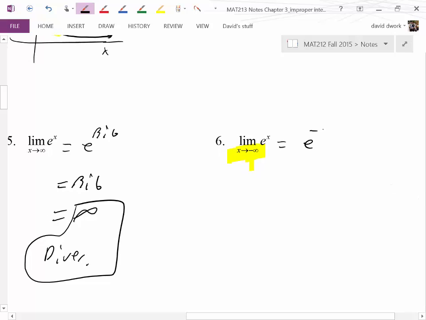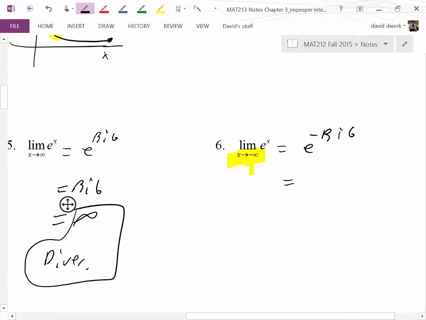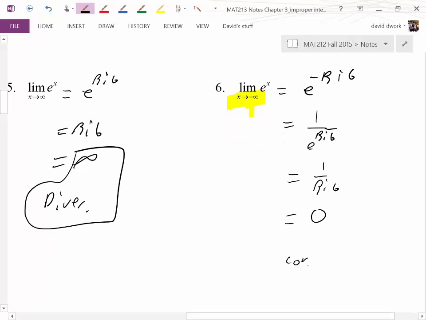That's e to the negative really, really big. So it's important to pay attention to that negative sign, because now we have that problem like we had in number 4, where an e to a negative exponent is 1 over e to that same really, really big exponent, which is 1 over something really, really big, which means we're getting something really, really small, 0, which means we converge.